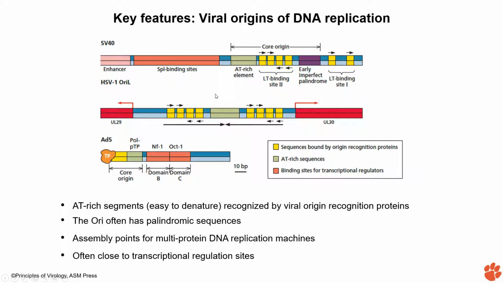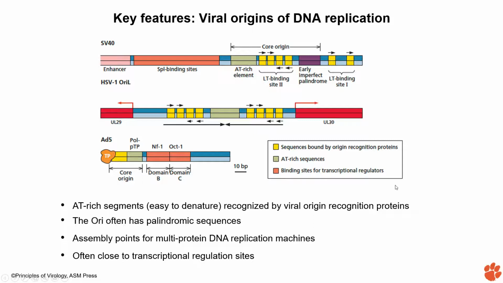So many of these origin binding regions are close to transcriptional regulatory elements as well. As we said, they could be tandem or inverted repeats, they are close to AT-rich regions, and they are close to the transcriptional regulators. This is basically the take-home message.